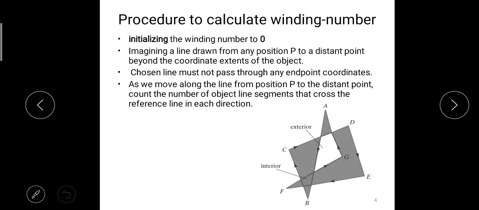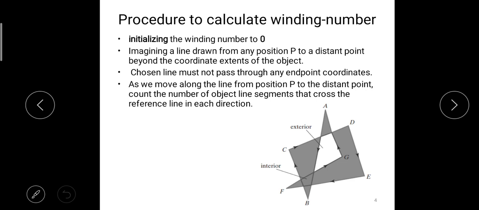If you look at the polygon, from point A to point B, these are the first two points, so the direction is from point A towards point B, then from B to C, C to D, D to E, E to F, F to G, and from G back to A. These are the directions that have been assigned for each edge of the polygon.